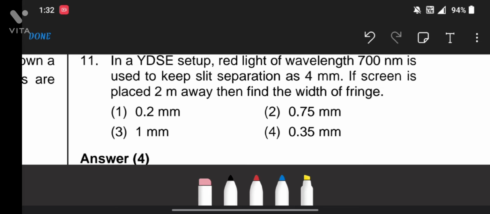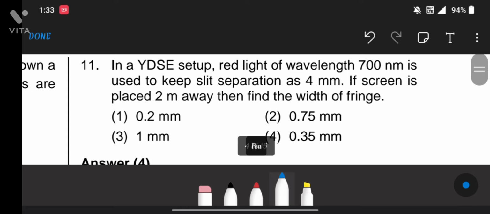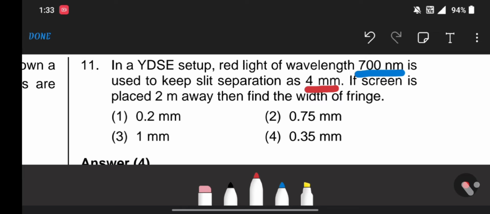In the setup, red light of wavelength 700 nanometer is used, and the slit separation is 4 millimeter.